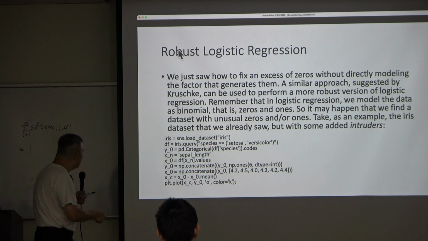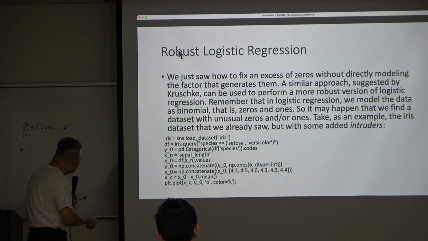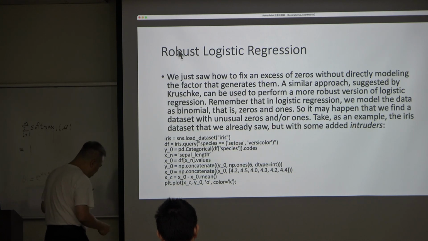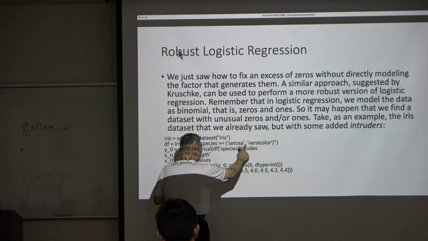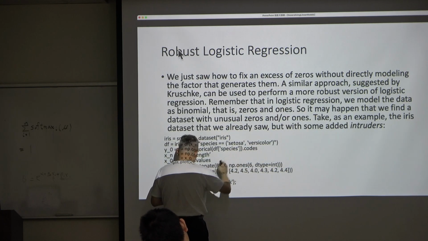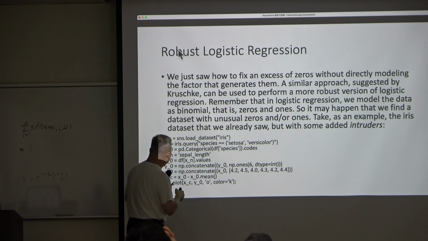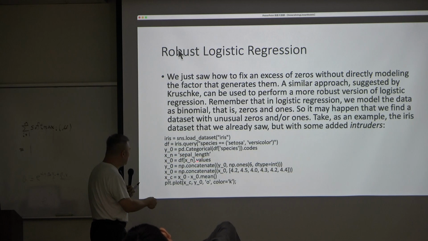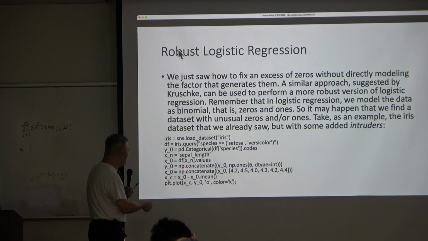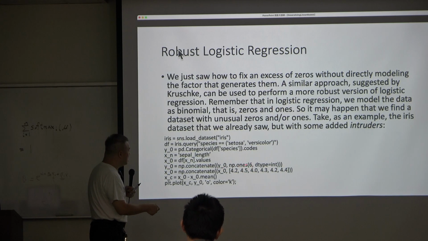So here, we read the two different species, Setosa and Versicolor, and we use sepal length as our feature. But here we intentionally add some additional data.